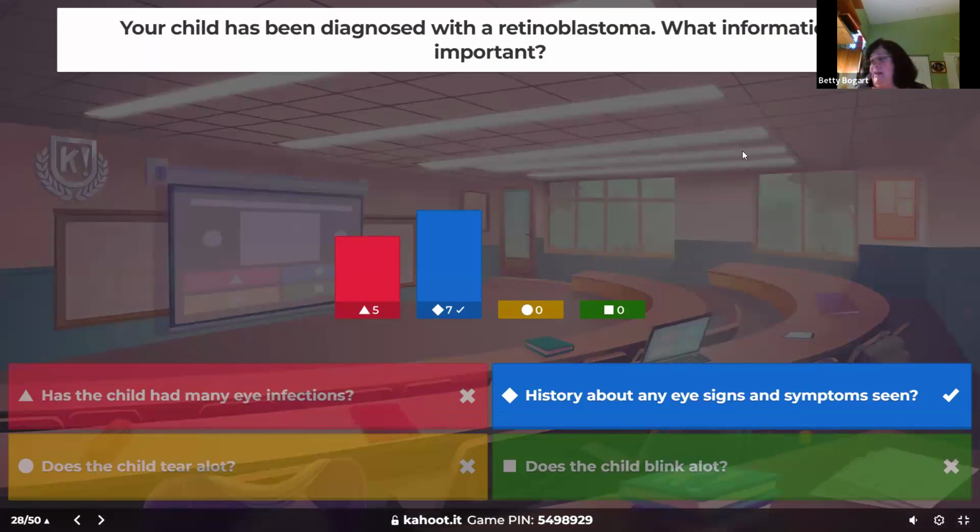So, were there any signs or symptoms that you've seen? Maybe a lot of rubbing of the eye, certain things that, looking back, oh, that could have been a clue. Not infections per se, but those other things. The rubbing, one of them is that.